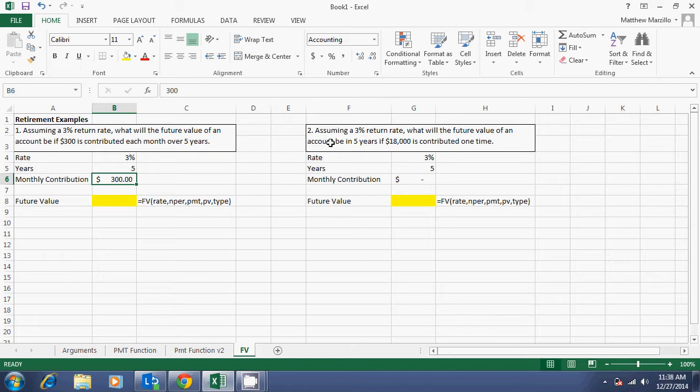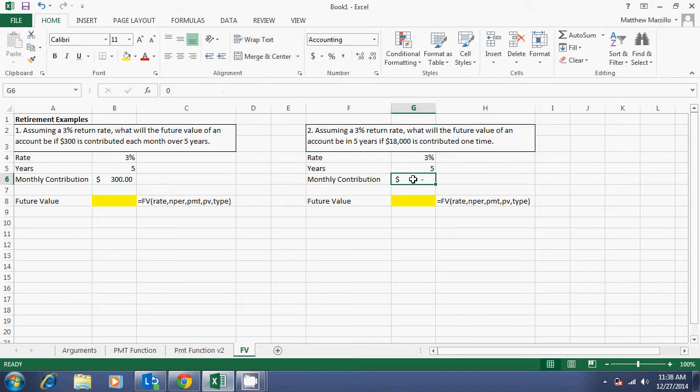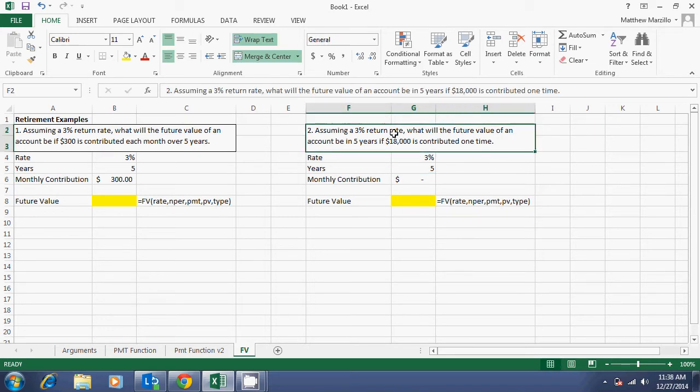The second question is similar assumptions, 3% return rate, and we're looking for the future value of an account in 5 years, but we're making $0 of a monthly contribution, and we're just putting $18,000 in it right off the bat. So at the end of the day, we're contributing the same amount of money, right?